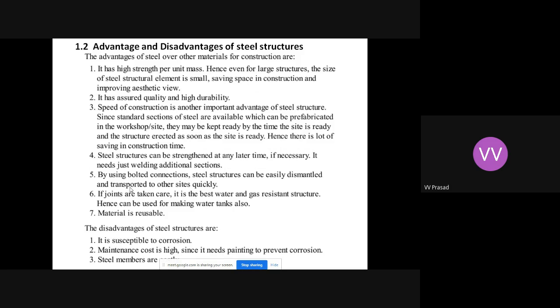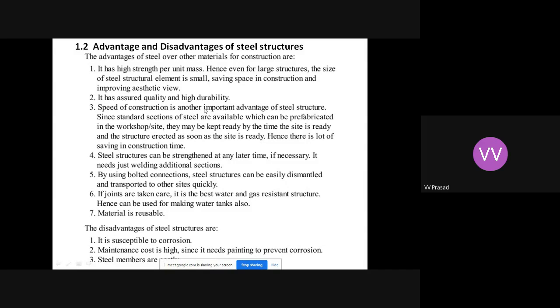Next, advantages and disadvantages of steel. There are many advantages. Steel has higher strength per unit mass compared to other building materials such as cement and RCC.